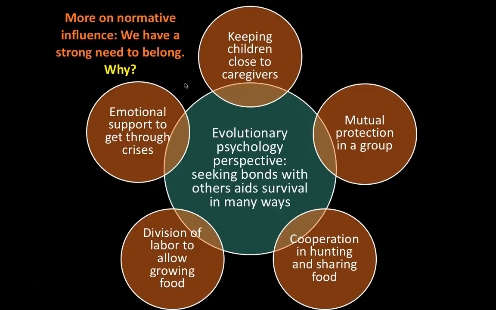So why do we conform when we're not necessarily only looking for information from others? Why does normative social influence happen? Well, we're social animals. We have a need to belong, and we can learn a lot from the evolutionary psychology perspective.